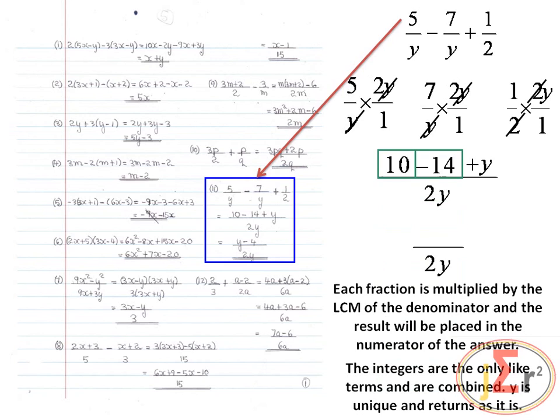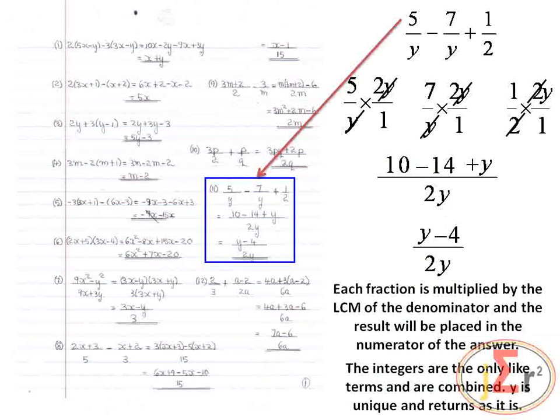There we have it. We are choosing to write that negative 4 at the end, and the unique term, which is a positive term, at the beginning, because mathematicians do not like to begin an expression with a negative term, especially when it is not completely necessary.